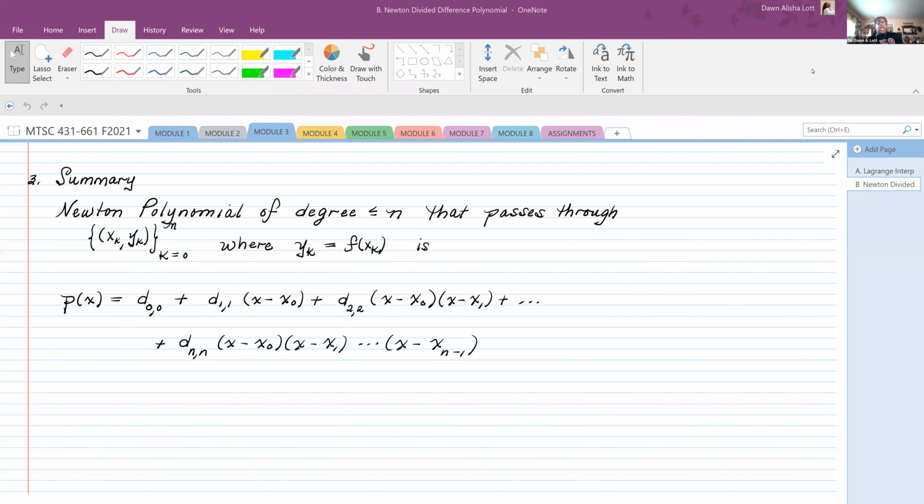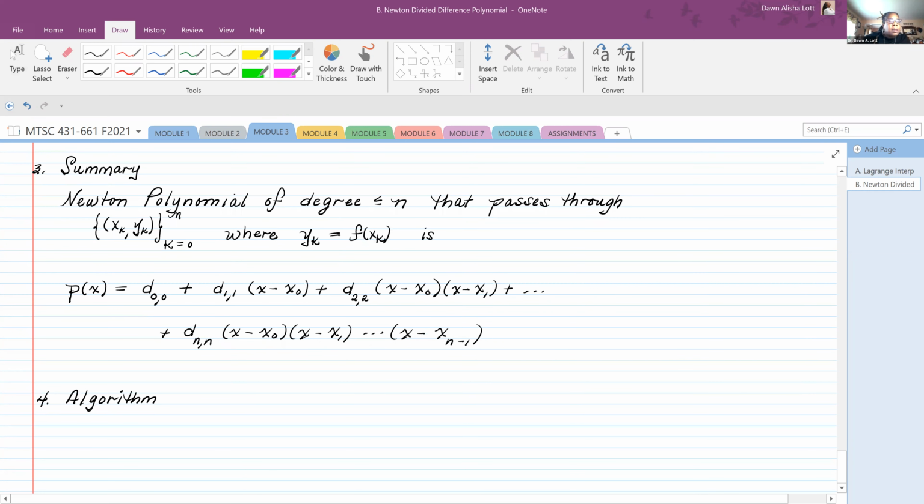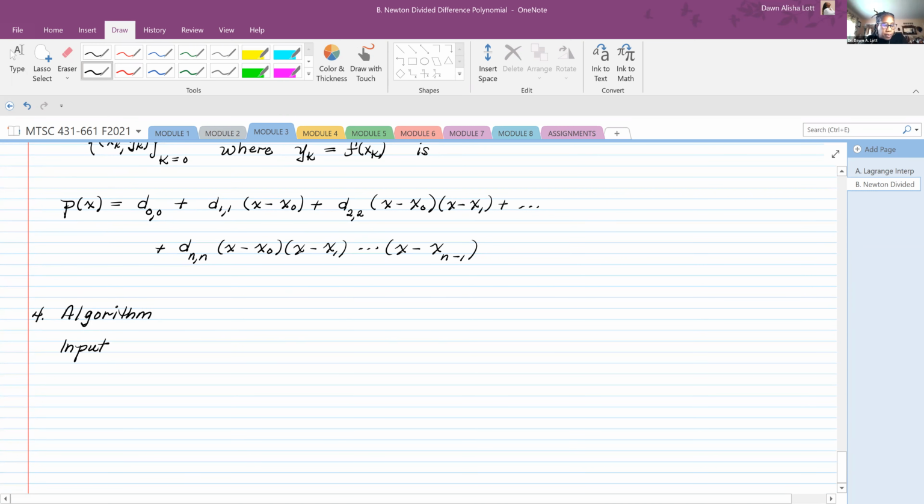Okay, I want to give you the algorithm for the Newton divided difference. For Newton divided difference, you need to know n, which is the number of values.